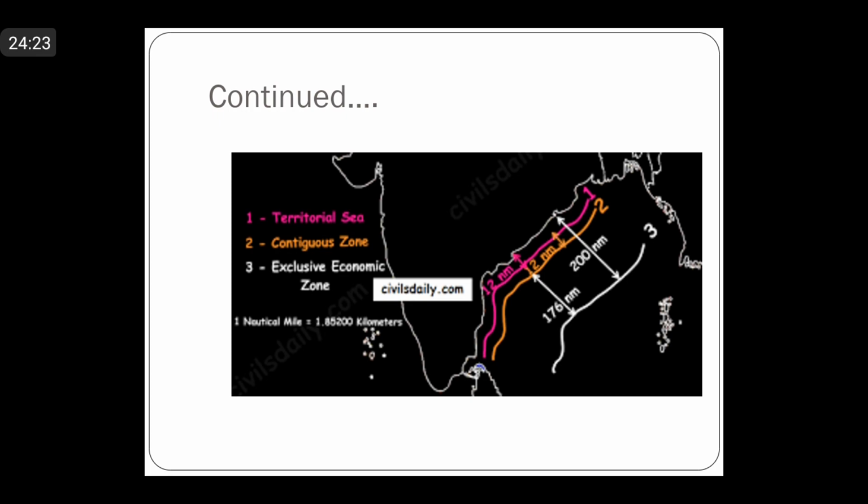You can see 12 nautical miles and 200 nautical miles. So, there are two lines, one is pink and another one is yellow. In between 12 to 200 nautical miles, a country can use this. The pink color is showing territorial water, the yellow is showing contiguous zone, and the third one is your exclusive economic zone.